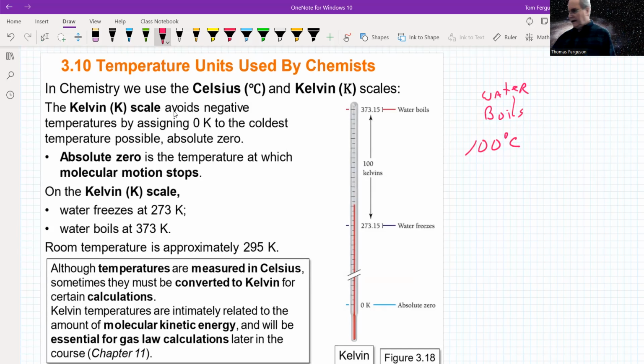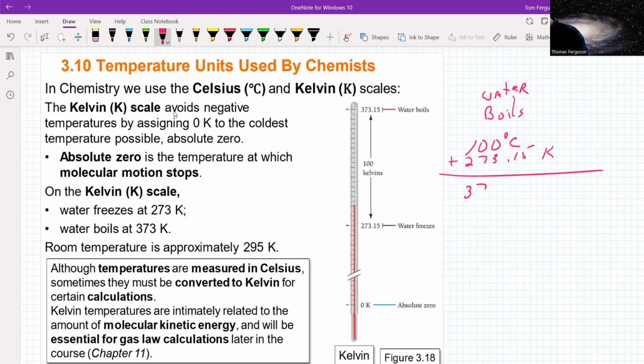All we need to do is just add 273.15. No, it's by definition 100. Good question.